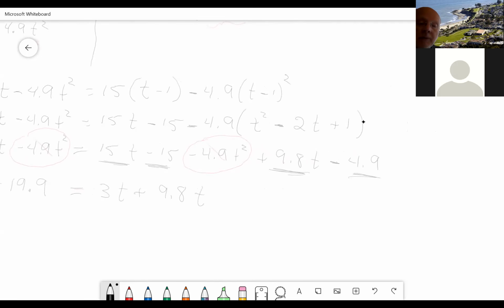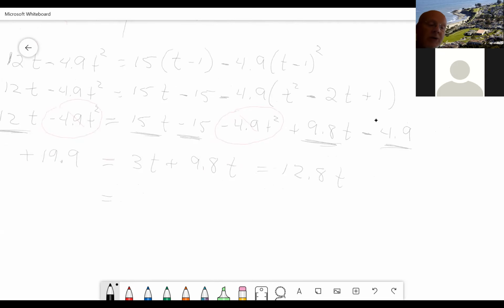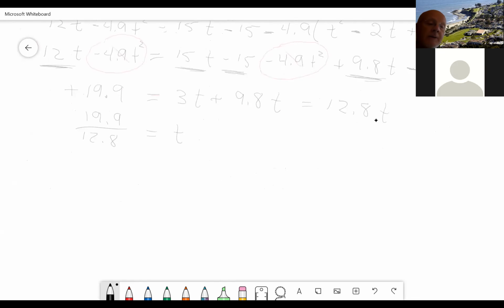So I think I've got all those. In fact, I could simplify this. If I add 3, what's that, 12.8? So 12.8t. And so t would be this 19.9 over 12.8.